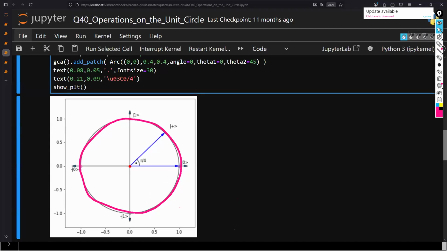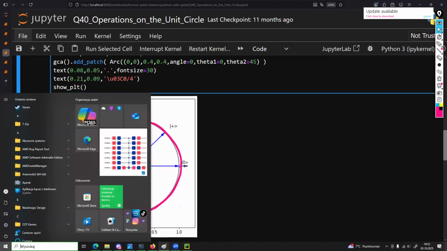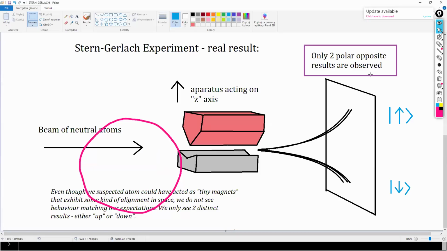There are other representations. For example, notice how I mentioned that in the Stern-Gerlach apparatus, you had an up state or down state, right?